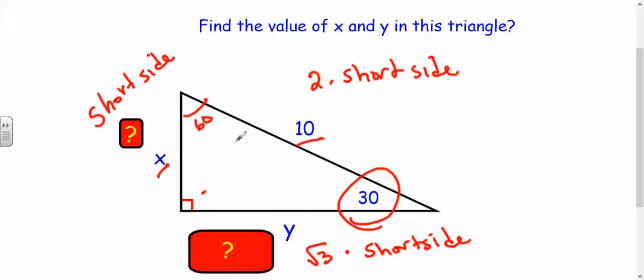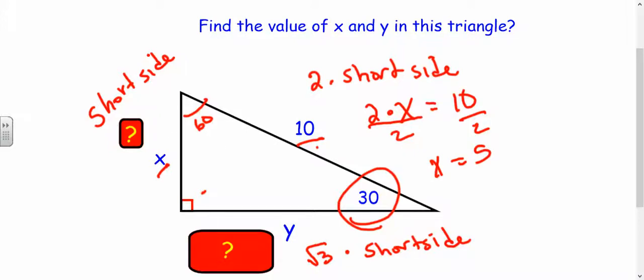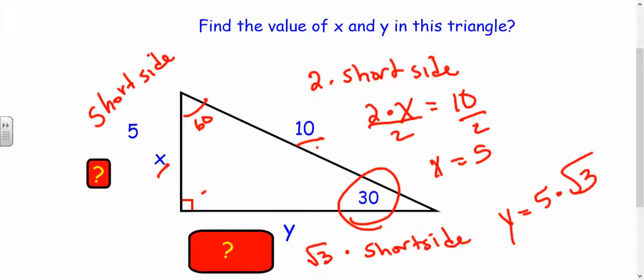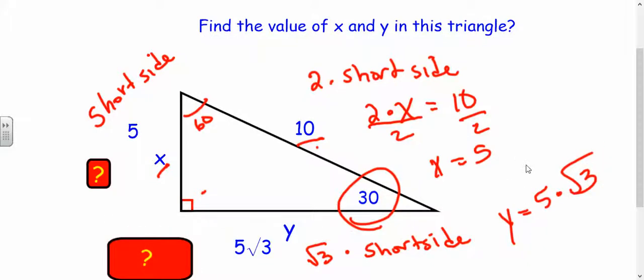We don't know that. But we know that 2 times x has to equal 10. So that means that x equals 5. All right? So that would be 5. And if x is 5, then we know here that y has to be 5 times the square root of 3. And there we go.